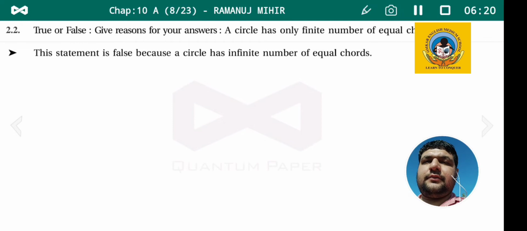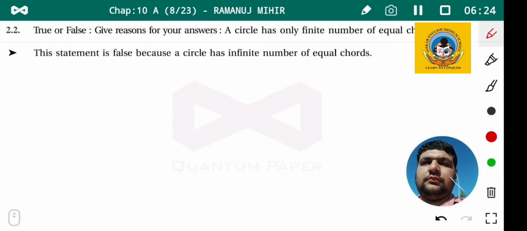Now the next question. True or false? Give reason for your answer. A circle has only a finite number of equal chords. This statement is false because a circle has an infinite number of equal chords.